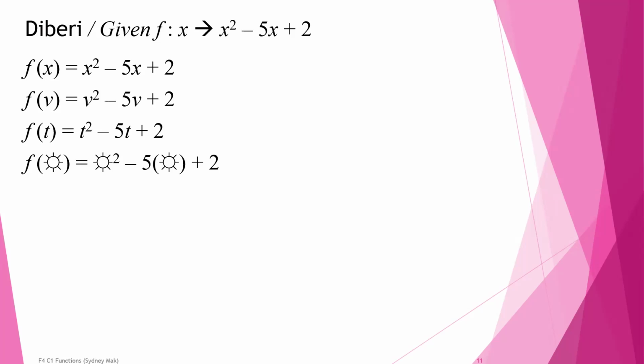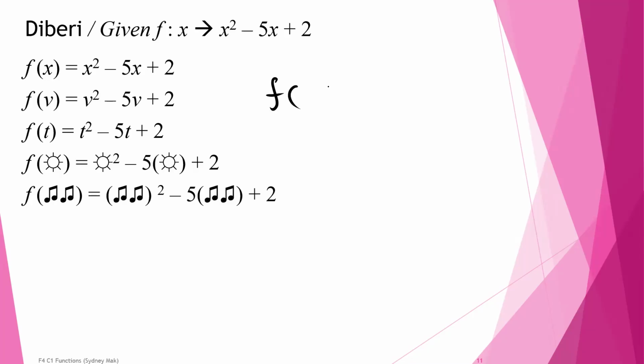I put a star in: star squared minus 5 star plus 2. I put musical notes in: musical notes squared minus 5 musical notes plus 2. Can you see the framework? Whatever goes in, it will be object squared minus 5 times object plus 2. This is what I mean by the framework.